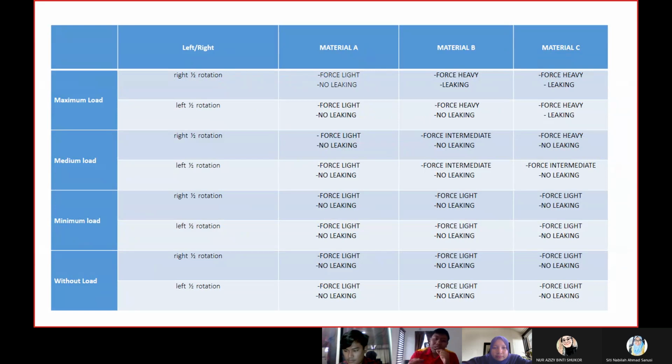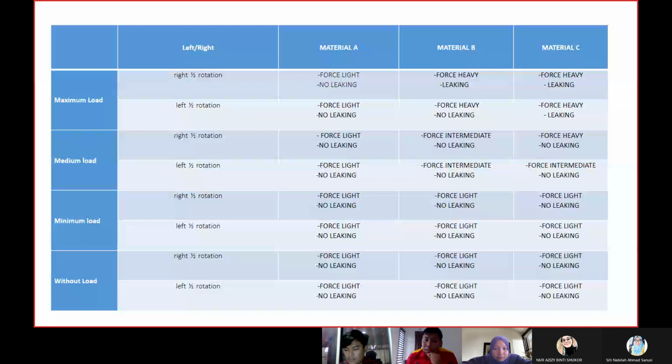When we put stage 2, which is minimum load, the result is the same. They have no heavy force and still no leaking. When we put the medium load, material A is still the same, force light and no leaking.